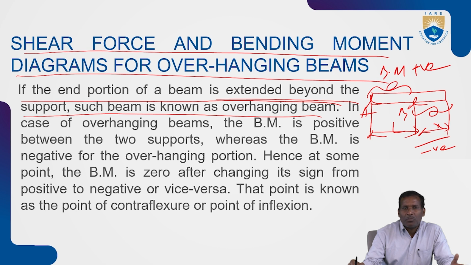Hence, at some point the bending moment is zero after changing its sign from positive to negative or vice versa. Whenever the bending moment sign changes from positive to negative, there the bending moment is zero.